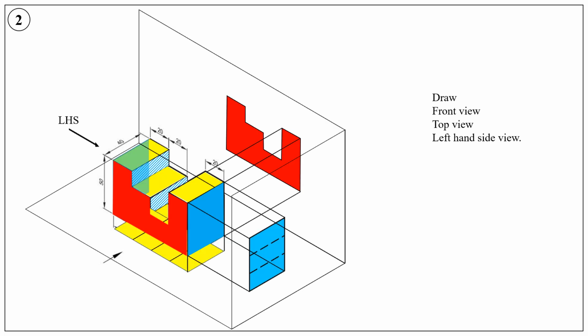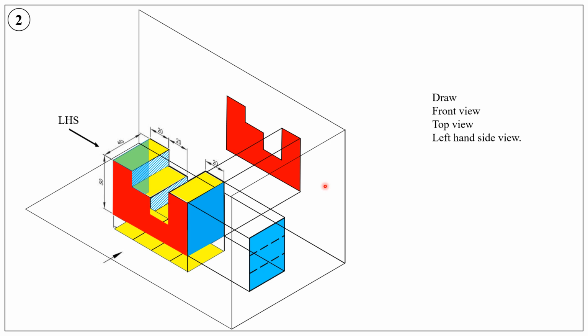Like the previous problem, we can draw the front view in the vertical plane, top view in the horizontal plane, and the left hand side view on the auxiliary vertical plane like this. You can refer the explanations given in problem number 1.